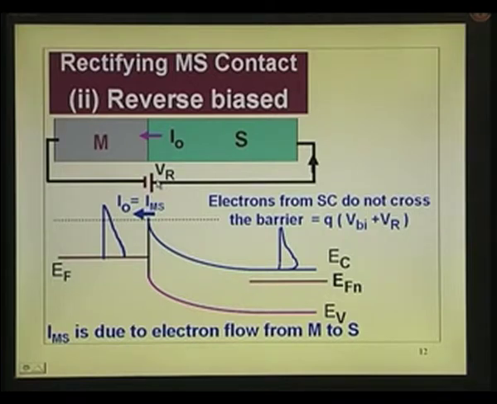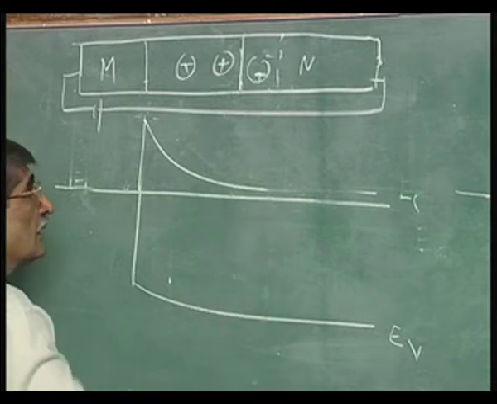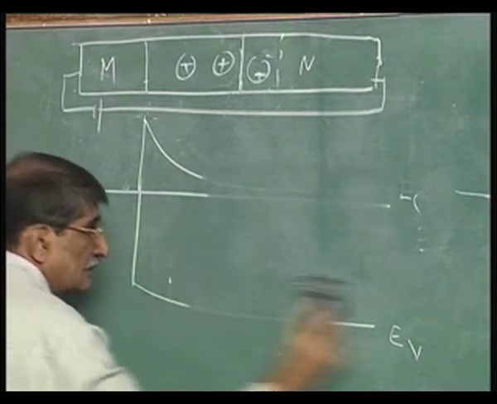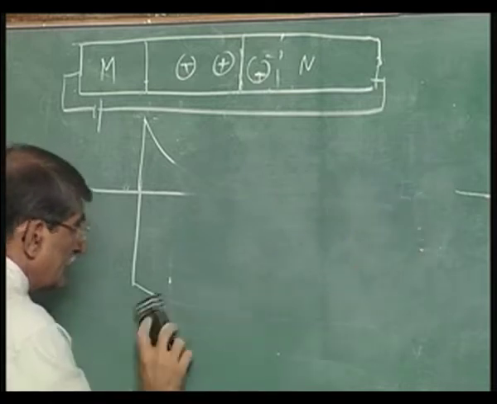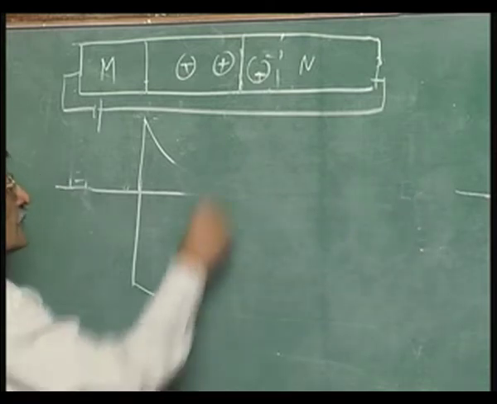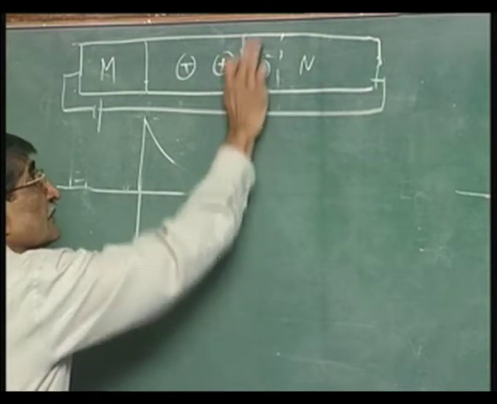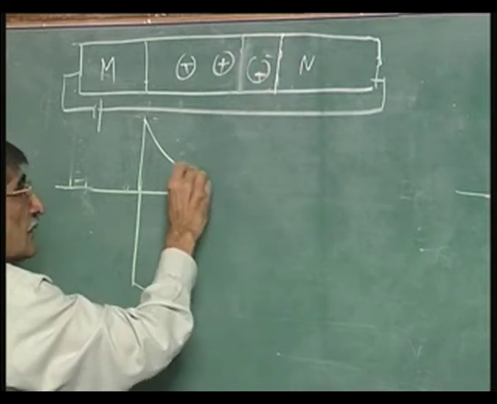What is the consequence of this? That is the diagram which I do not have to draw, you can see here. What you have to see is that the neutral portion, the whole thing, has come down, and this portion is slightly widened. So when the neutral portion comes down, originally it was here, now it has come to this point.